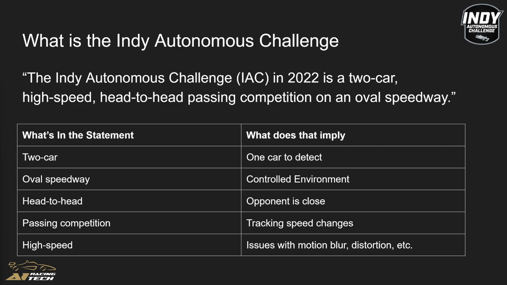So if the competition is head-to-head, the opponent is pretty much almost always, say, within plus or minus 100 meters of the ego vehicle. So we will always have something to detect, and the opponent will always be somewhat close to us. Then it's also a passing competition.